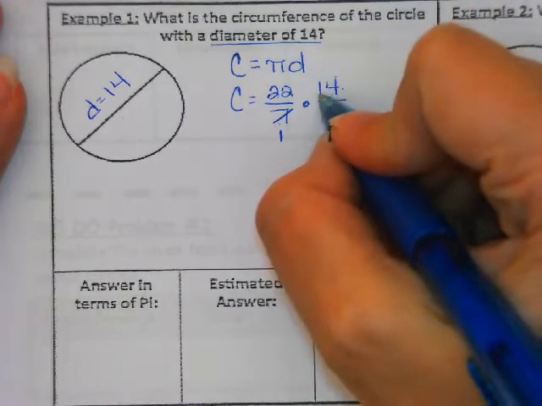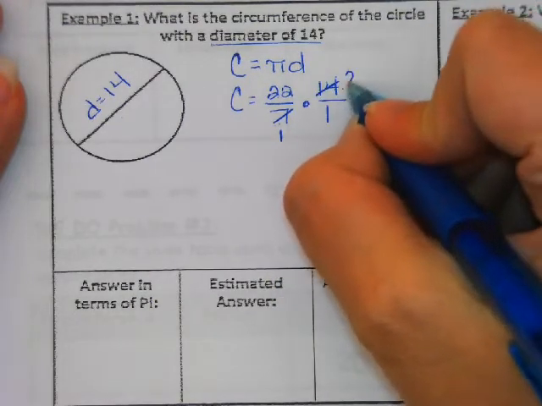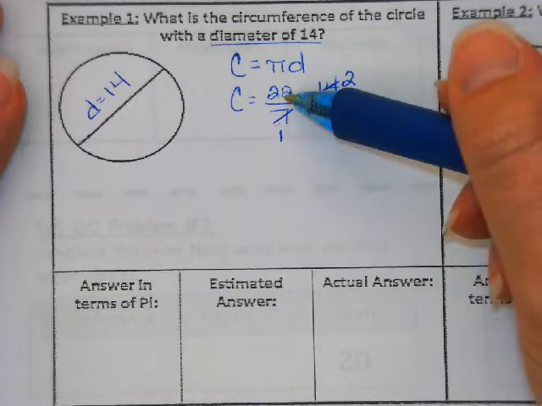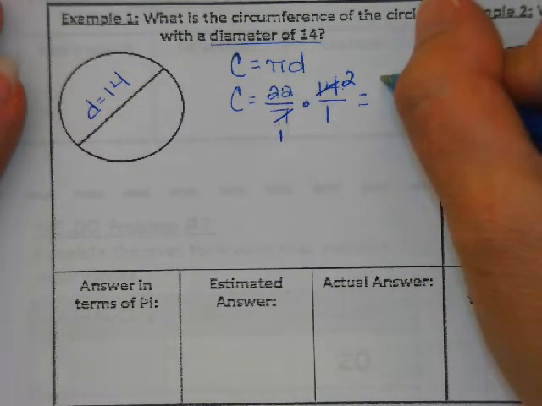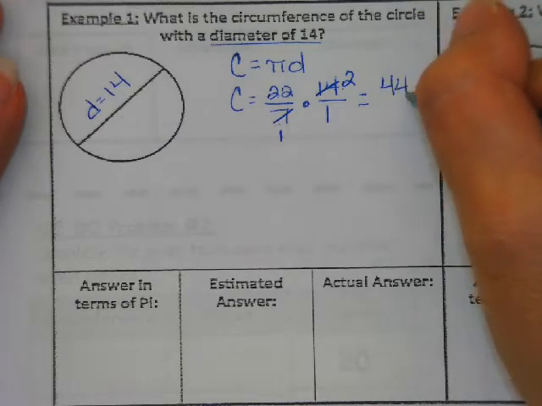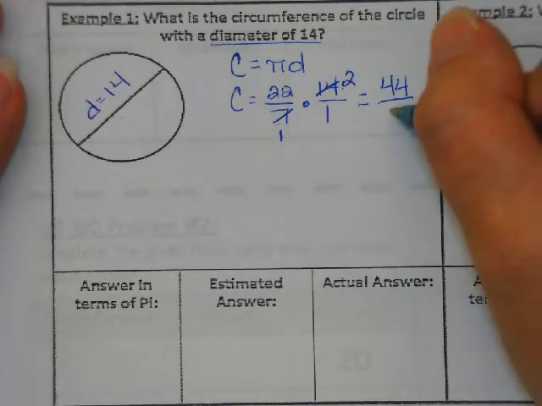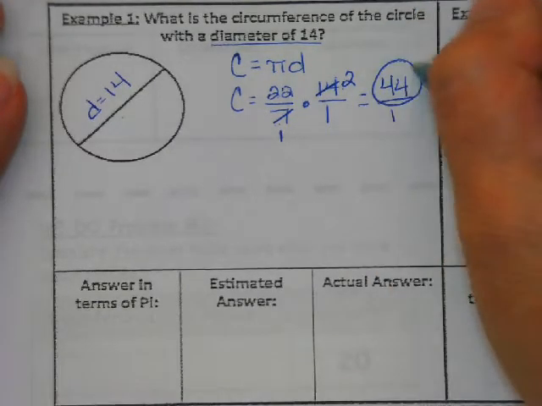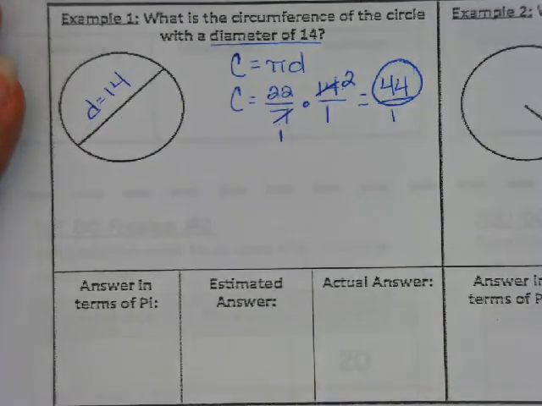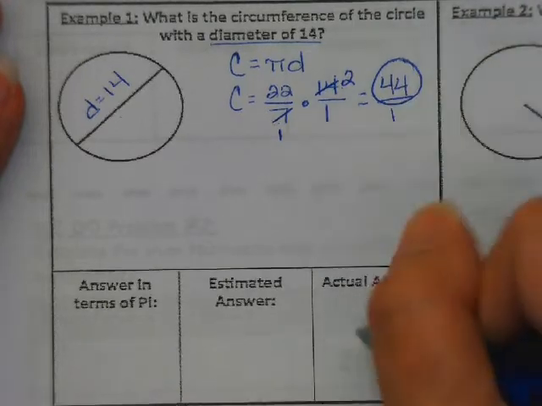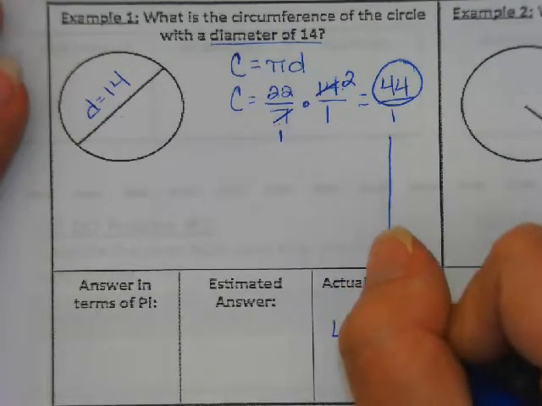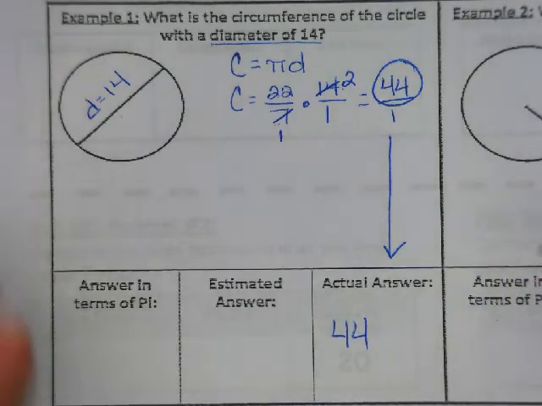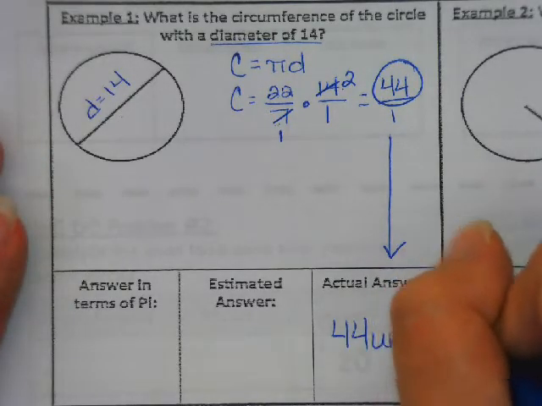How many 7s are in 14? 2. Okay, so look. Top times top, what's 22 times 2? 44 over 1 times 1 is 1. Look how pretty that is. Okay, so this is our actual answer. Okay, 44. We don't have any units.